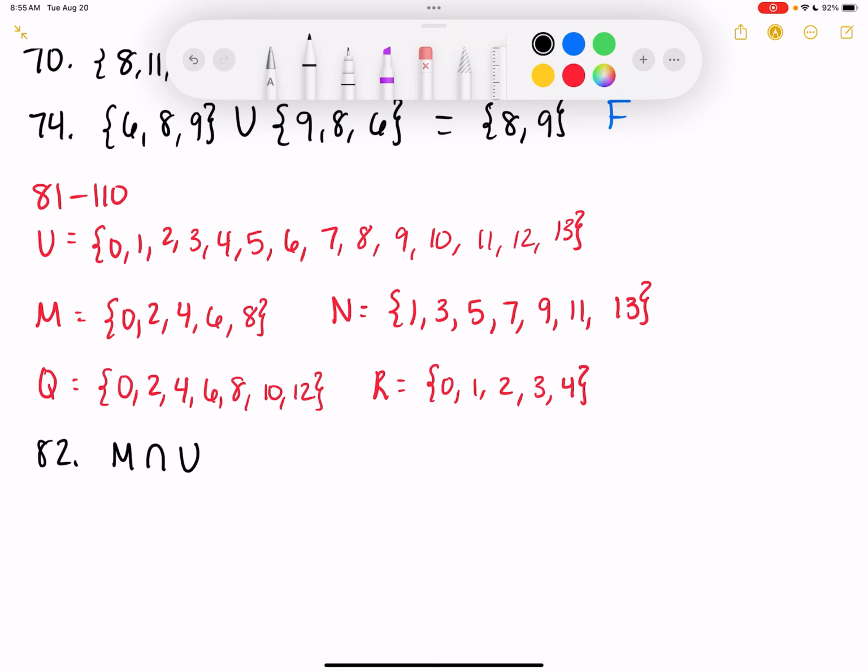I just think that gets to be a lot to rewrite, so that's why I write them all out at the beginning, so I can just go back and reference them. Intersect means that anything that is in both, I write it down. So what would my intersecting set be for M and U? 0, 2, 4, 6, 8. Yep. Nothing else is in both, so that would be it for that one.